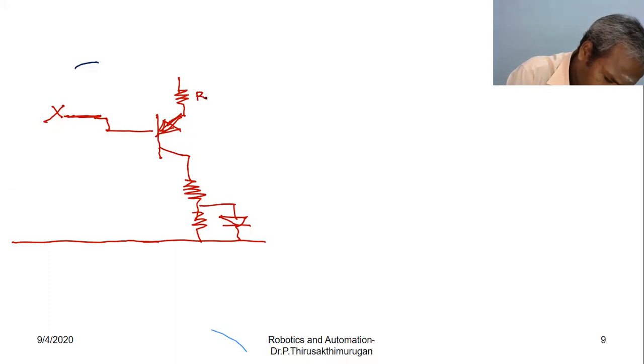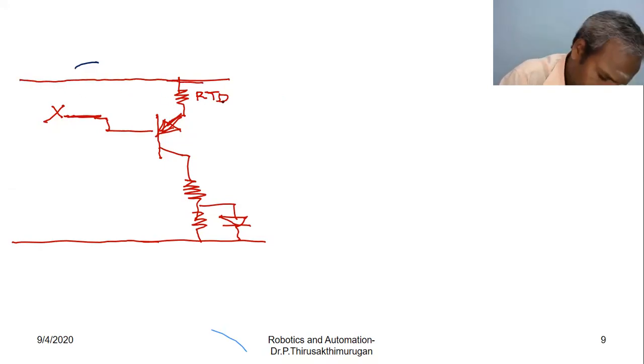So this is RTD. The power line is coming from the common line of the whole circuit.